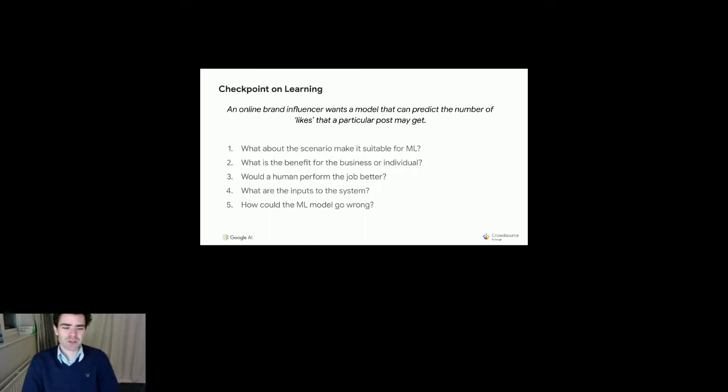So as we discussed previously, this is ideal for ML because social media has such an enormous abundance, multitude of data, and very, very few priors. So it's very difficult to categorize.